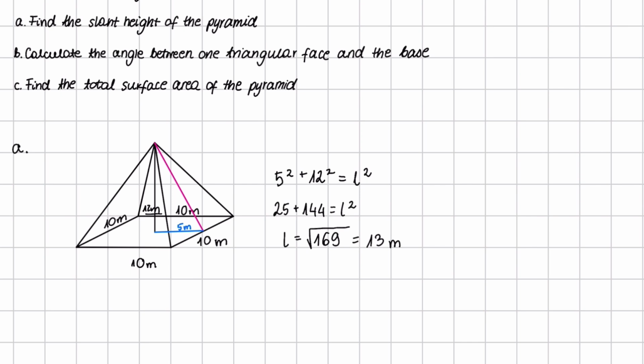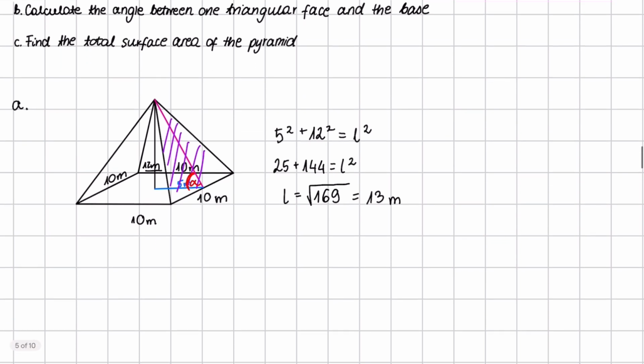B. Calculate the angle between one triangular face and the base. So we have 4 triangular faces, and we know the slant height of each one because these triangles are the same. So this is our triangular face. So we have to calculate basically this angle between one triangular face and the base.